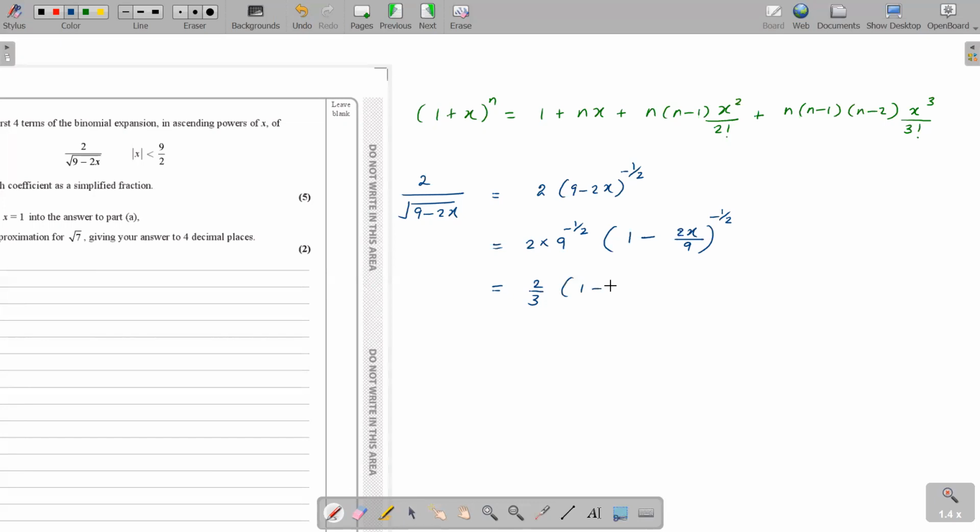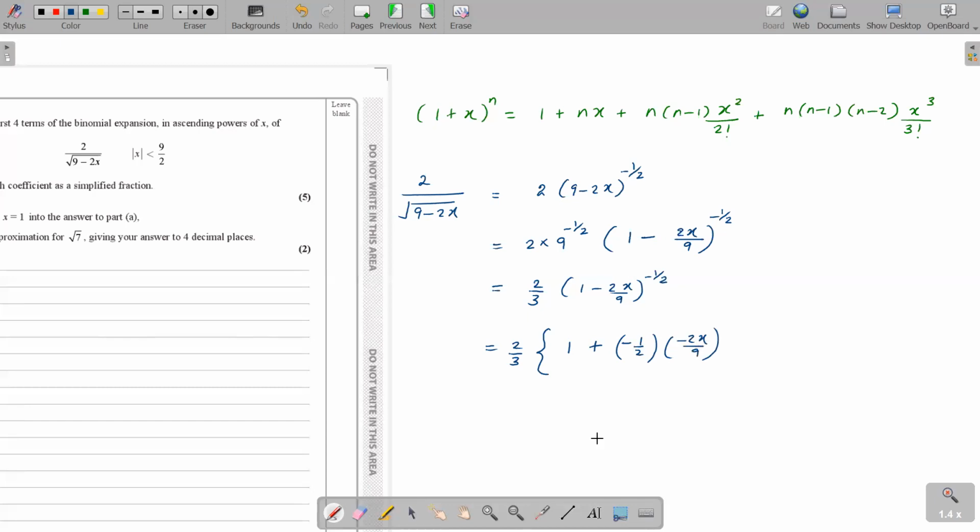Okay, so now it's time to use the expansion. Your x values are replaced by minus 2x over 9, your n value is replaced with minus half, and then you need to apply this equation. 2 over 3 is outside, let the 2 over 3 be there, you can use a large bracket like this and expand. 1 plus n is minus half, x is minus 2x over 9.